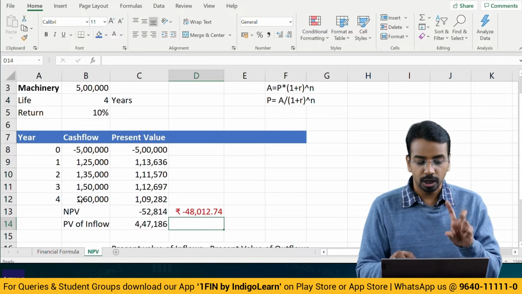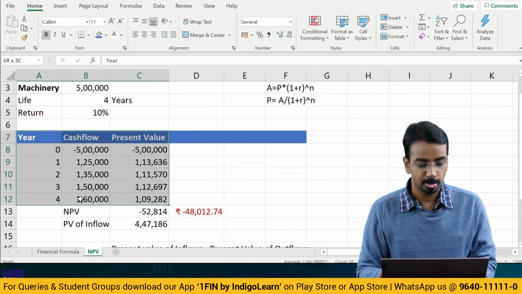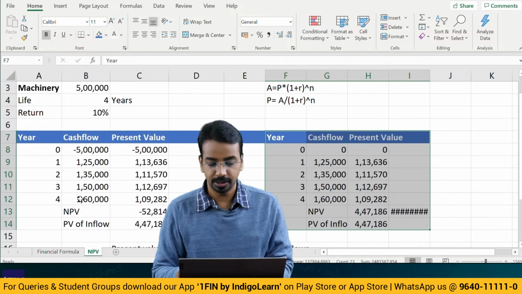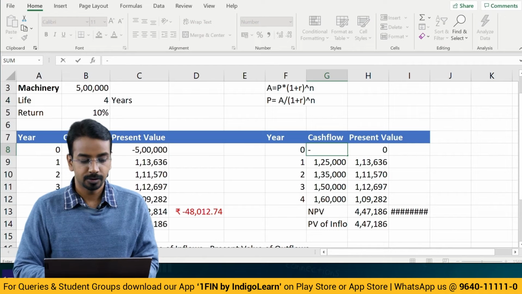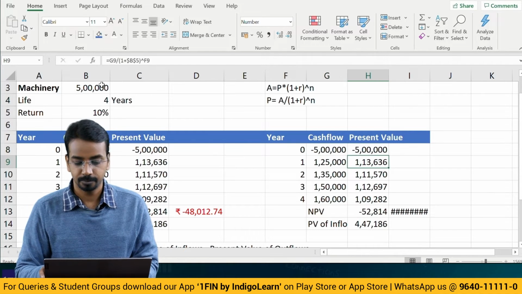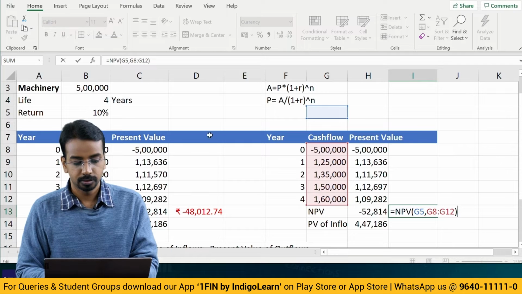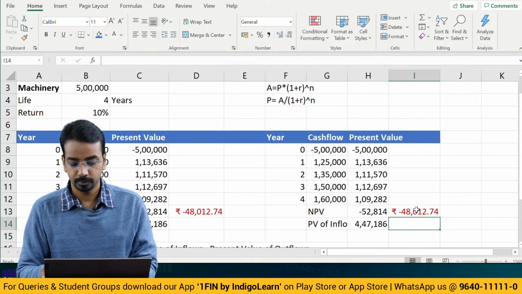Now to change this, what we will do is, we will simply copy this outflow, paste it here. So here it is minus 5 lakhs. And this has to be B5, right?